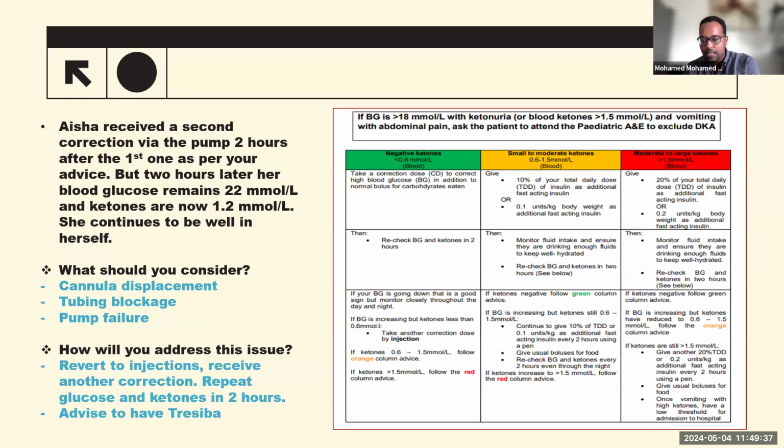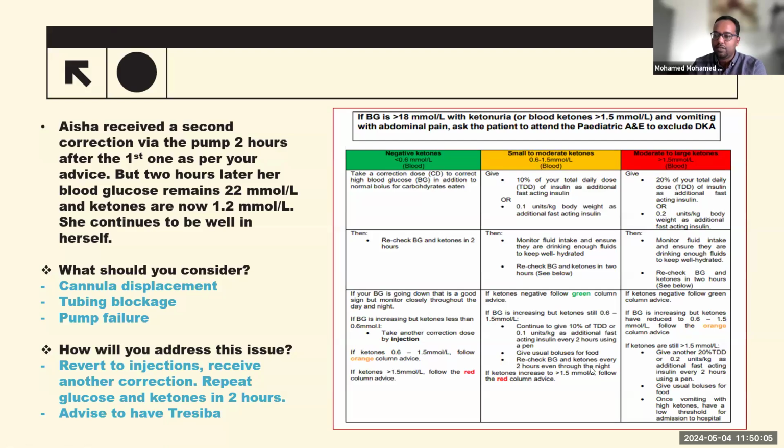As Mohamed Noor said, revert to injections, receive another correction, repeat glucose and ketones in 2 hours, and most importantly, advise to have Levemir. Because remember, the pump patients do not have the long-acting insulin in their system. And if she goes to bed having only the correction, if she's unwell, she runs the risk of having hypoglycemia overnight.